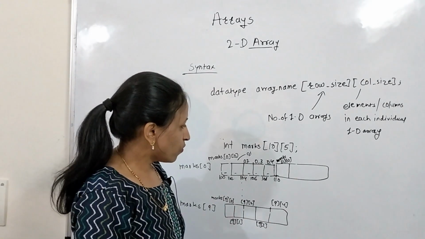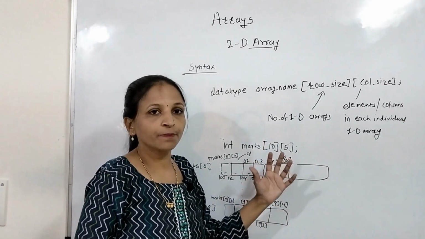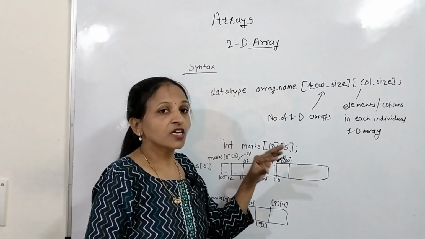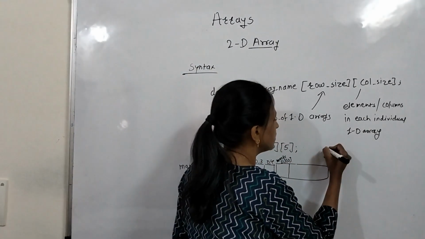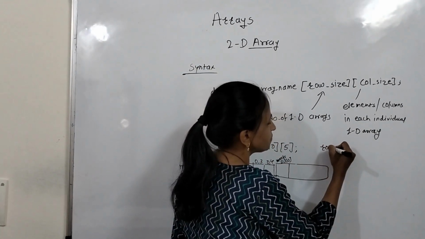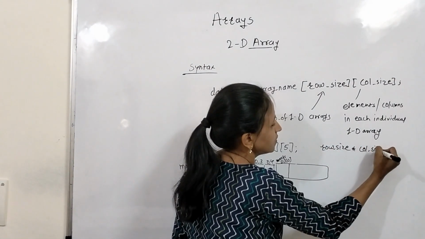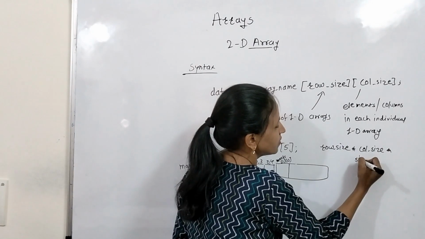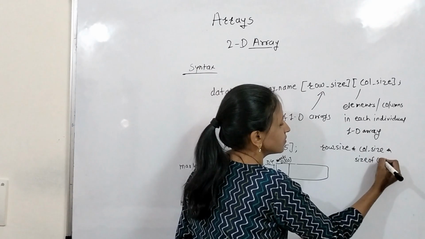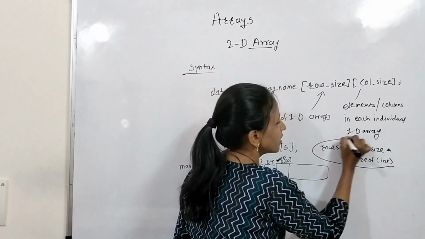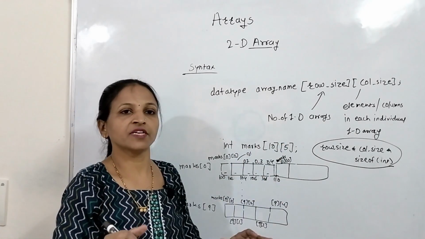And you want to find out how much memory gets allocated for that. That means here number of rows into number of columns into size of individual element, that is size of int. In this way you can calculate how much space will get allocated for that 2-dimensional array.